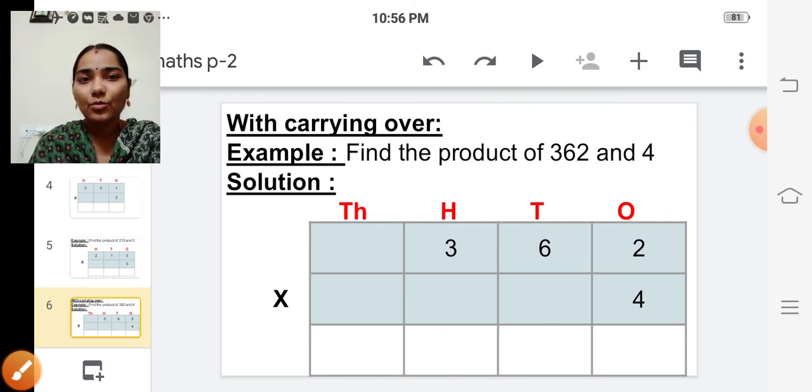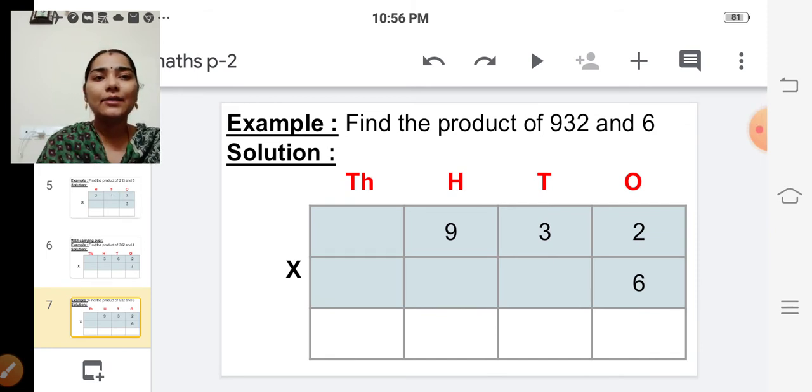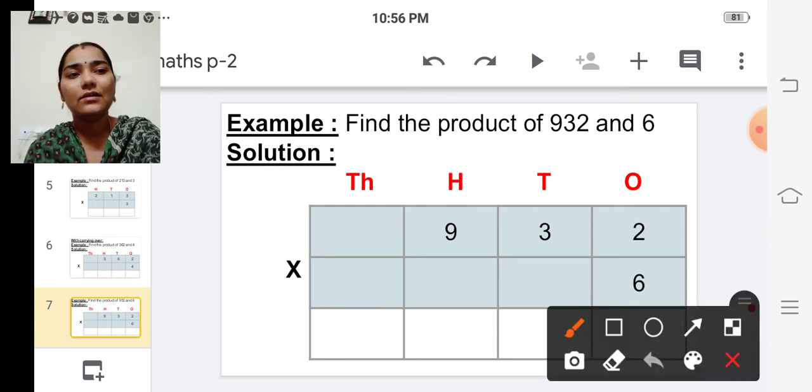So shall we see one more example? Yes. Next example is find the product of 932 and 6. So we are going to multiply 932 and 6. So shall we start?